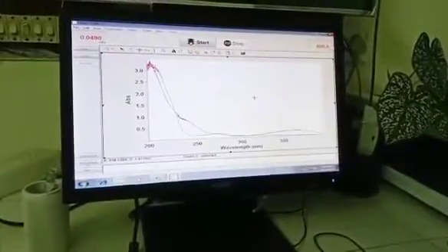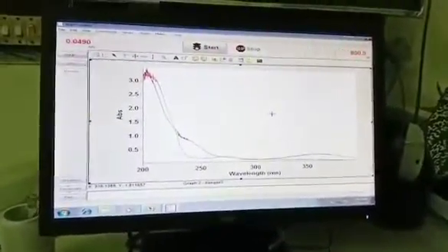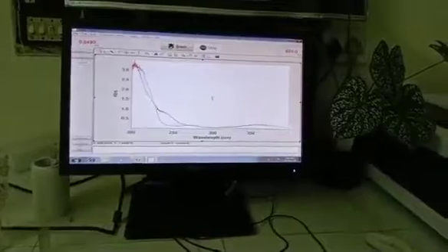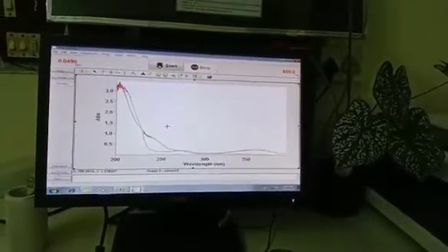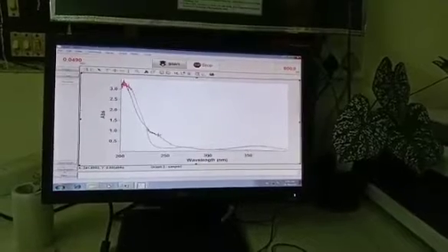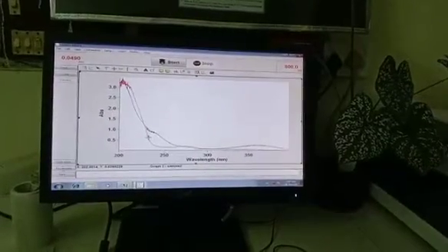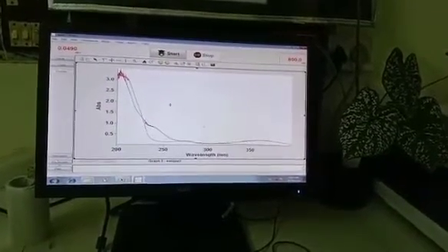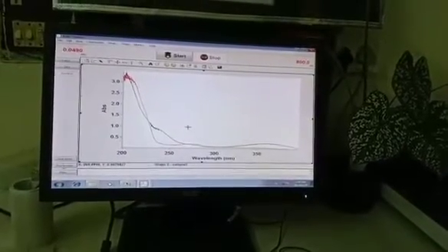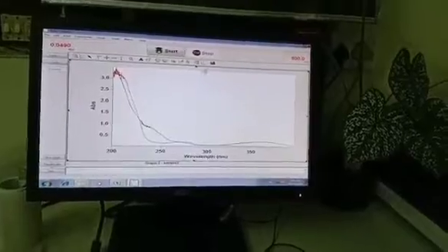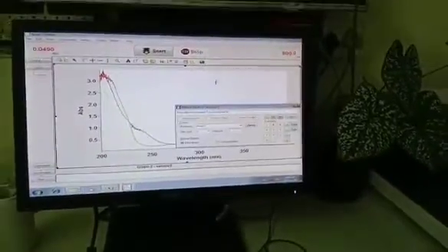Friends, now we are proceeding with derivatizing the obtained zero order spectrum. This is the zero order spectrum that we have got for both the drugs, ramipril and metoprolol succinate. Now I am subjecting this zero order spectrum to first, second, third and fourth order derivatization. I am going to the option of maths.